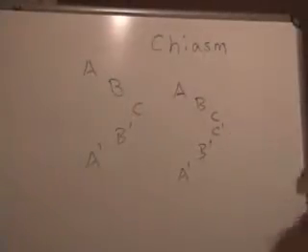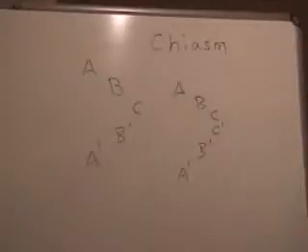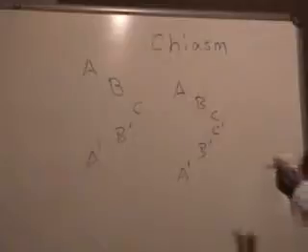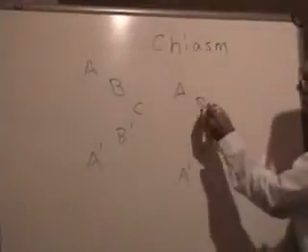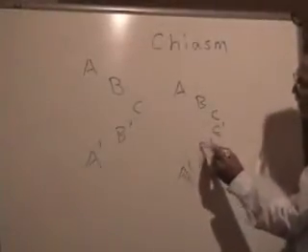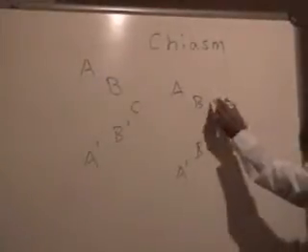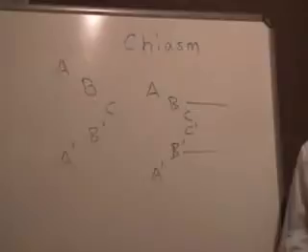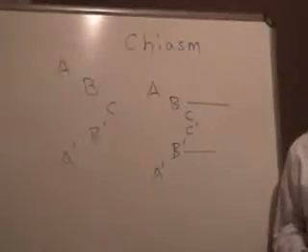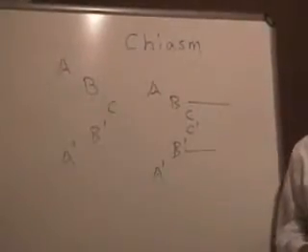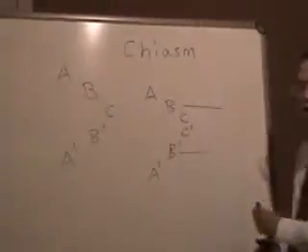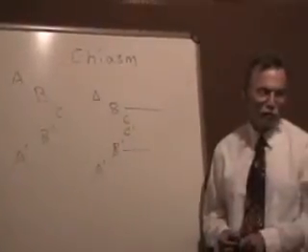The focus is on the central part, the point being made. Okay, now, it involves inversion in that B and B prime are parallel. They're either synonymously parallel, in other words, they're the same idea, or they can be antithetically parallel. One can be a contrast to the other. There'll be some kind of connection between the two.